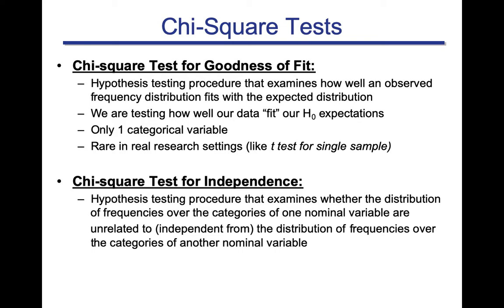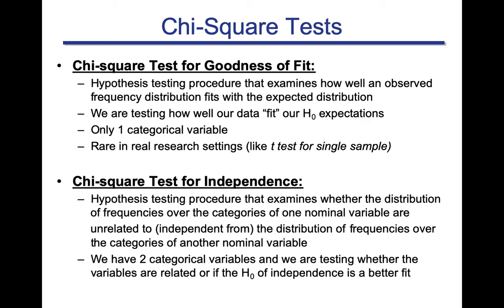We can say that more simply: this is a statistic that tests whether there is a relationship between two categorical variables. That's the simpler way; the other is the more precise way. It is a hypothesis testing procedure that will let us know whether or not there is a relationship between two variables.